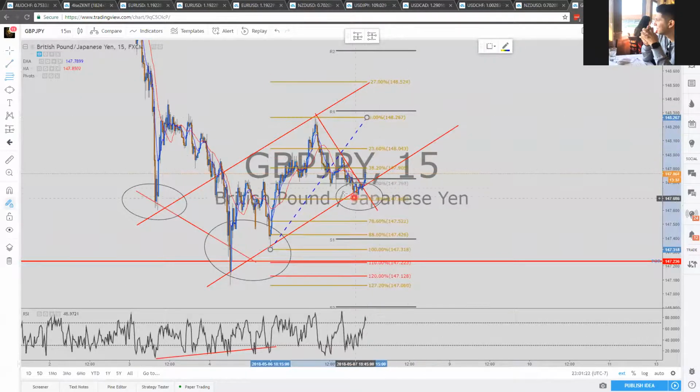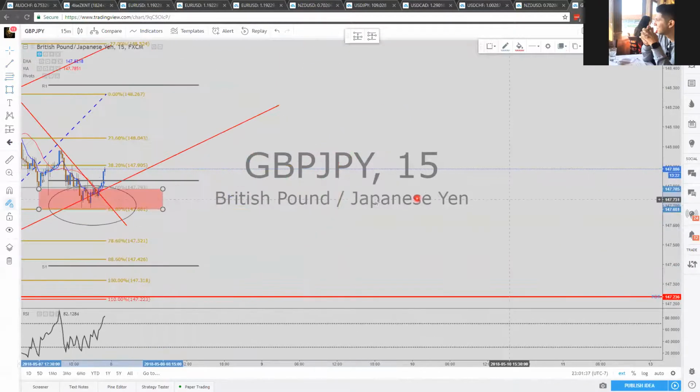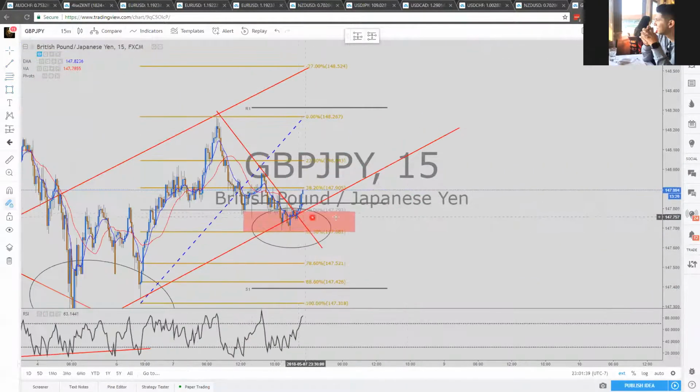So we can see it hit off the 61.8, broke above the 50% level, and it's rising up to the 38.2 level. So definitely this one's a buying trade. You can get in for the buy right now. It's above 750 as well. Yeah, you can get in for GBP JPY.